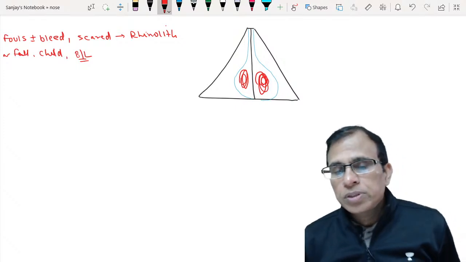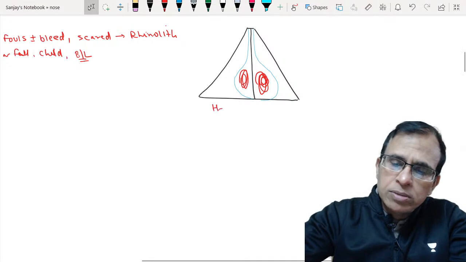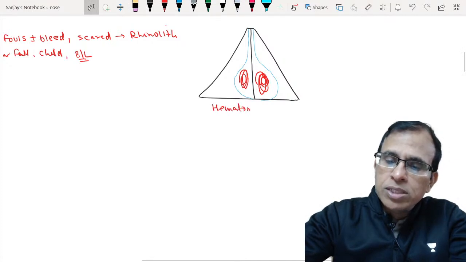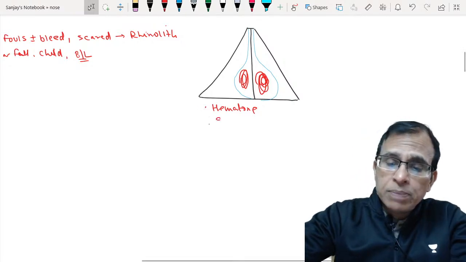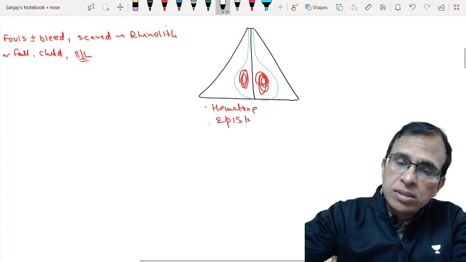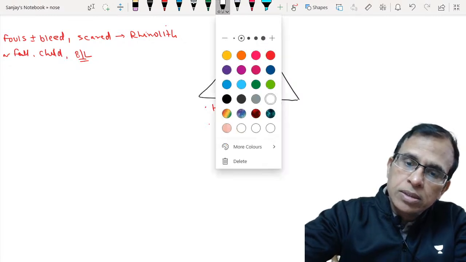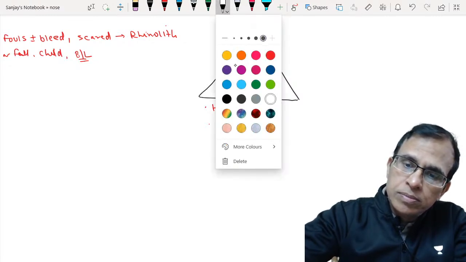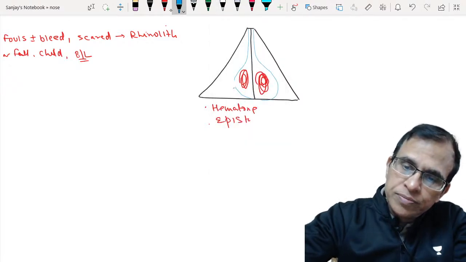So when there is a trauma on this nasal septum, either there is a hematoma where the blood has not come out, but it may cause epistaxis. If there is a breach in this mucosa, suppose there is a tear here, what will happen?